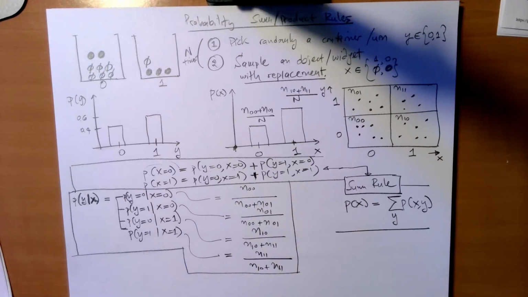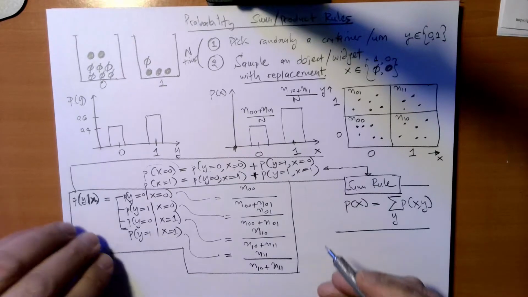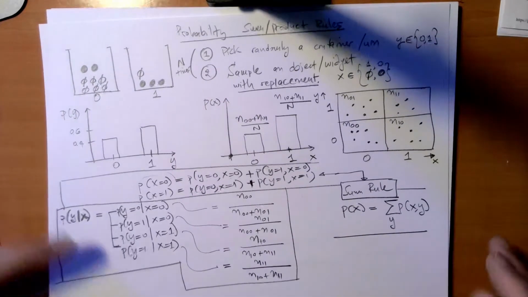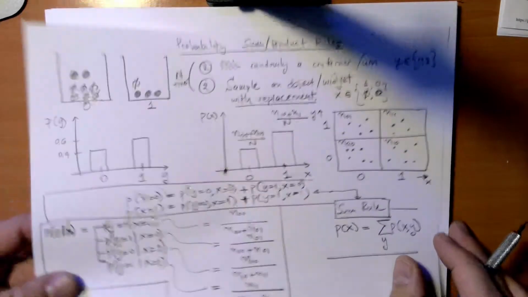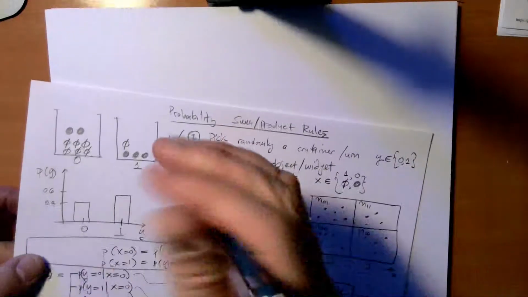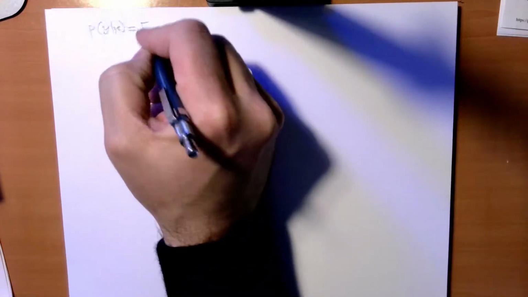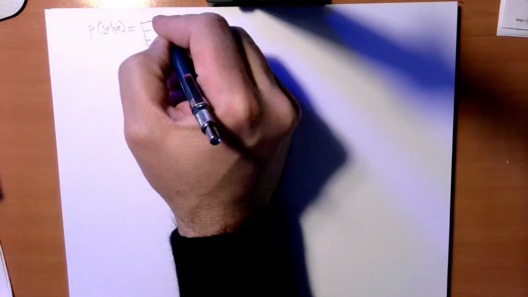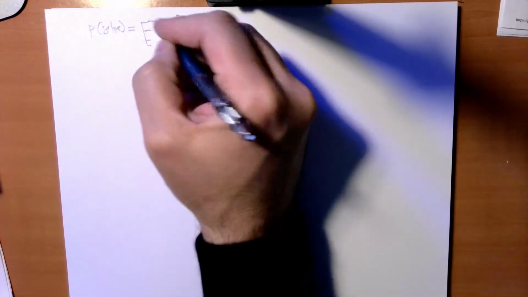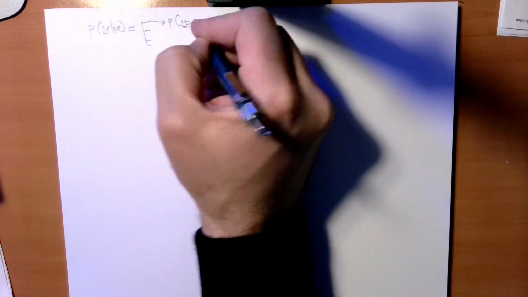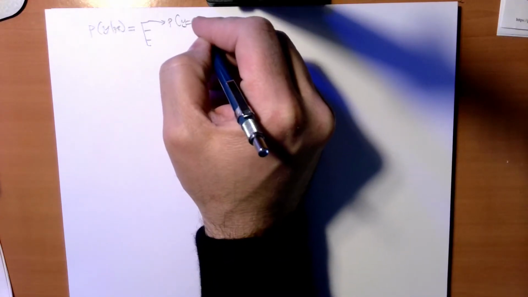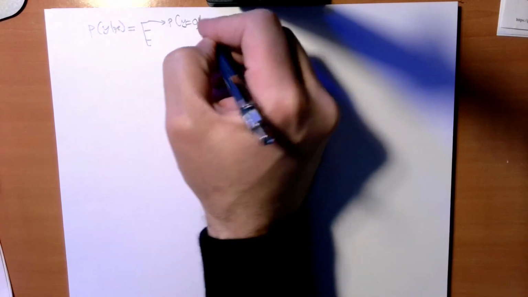We'll try to do a substitution which is obviously evident, and for that I need to use a different page. I run out of space here, so I'm just going to carry over what I just wrote here. P of Y given X, one of these four, was the probability of Y is equal to 0 given X is equal to 0.